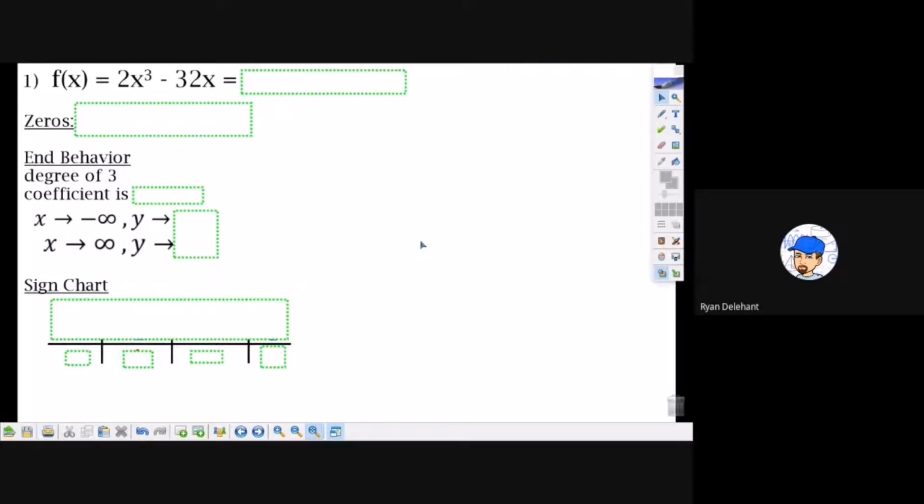One will point down, one will point up. Now we look at the coefficient. The coefficient is 2. And the important part of that is that it's positive. Positive and odd tell us that the left end, which is what this negative infinity means, will point down, and the right end will point up.